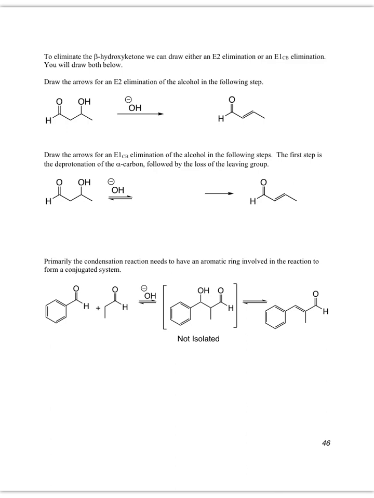Now this beta hydroxyketone we can do a couple of different things with. We can do an E2 to eliminate, and that's the easy mechanism because with E2 there are no intermediates, or we can draw an E1CB where we form the enolate and then send the electrons down from the oxygen to kick off the hydroxide on the beta carbon.